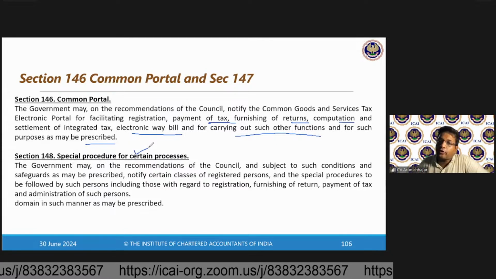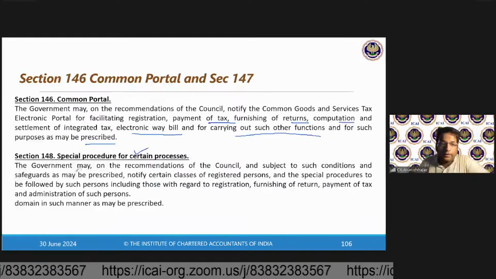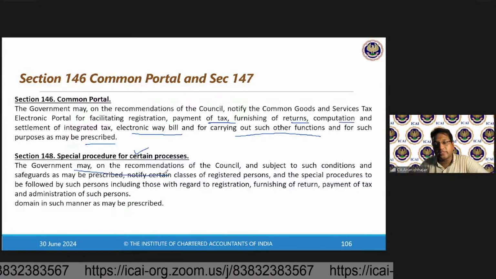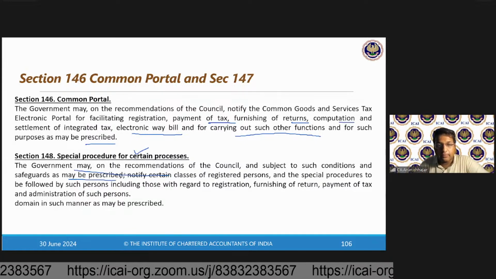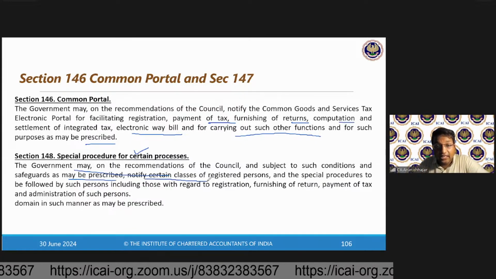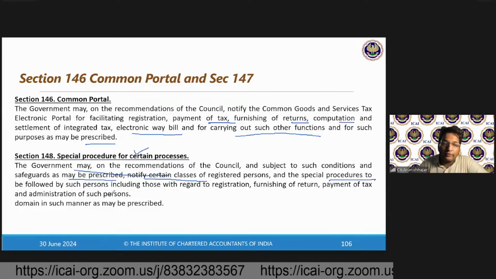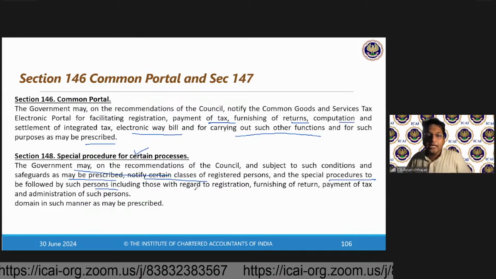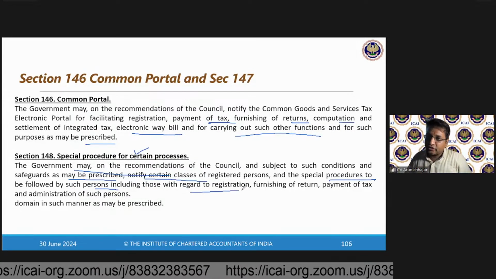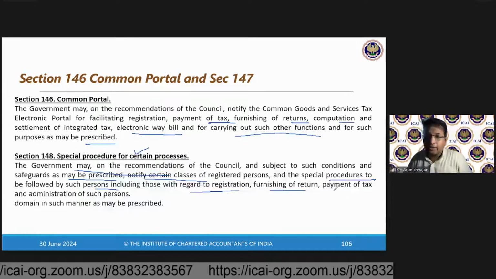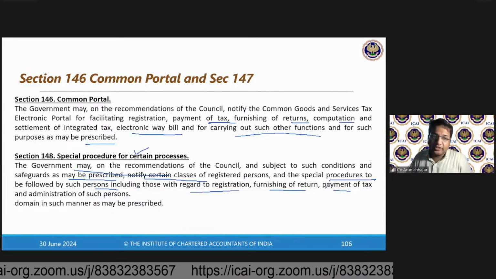Special procedure for certain processes. The government, on the recommendation of the Council and subject to the conditions and safeguards as may be prescribed, notifies for certain classes of registered persons the special procedure to be followed by such persons, including with regard to registration, furnishing of returns, payment of taxes, and administration.